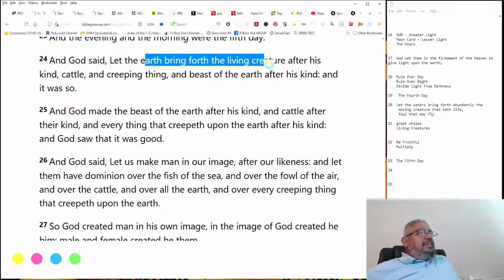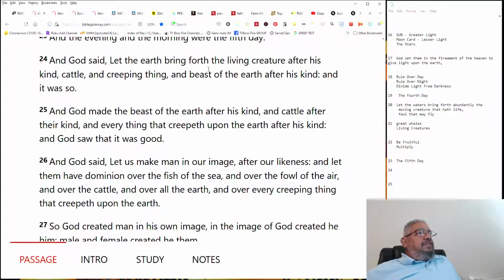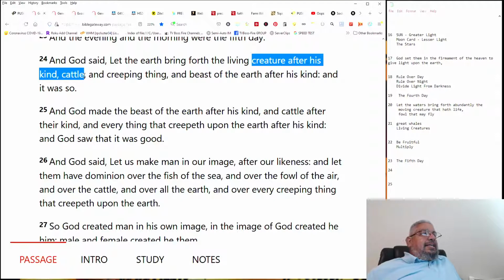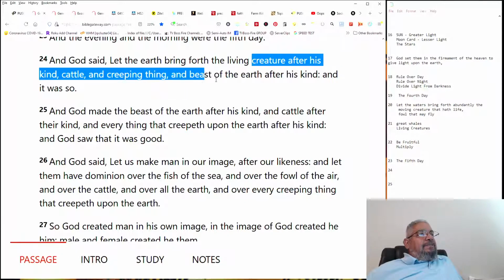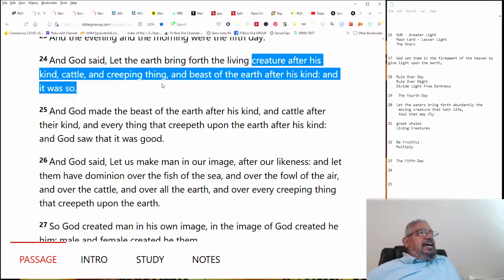And so let the earth bring forth the living creature after his kind, right? And let's say the elephant and creeping thing, and the beast of the earth after his kind, and it was so. All right, and it was so.